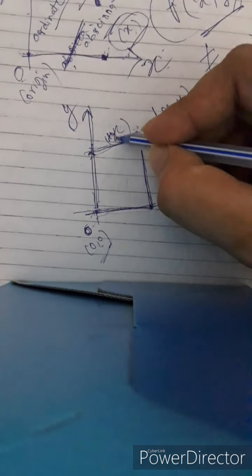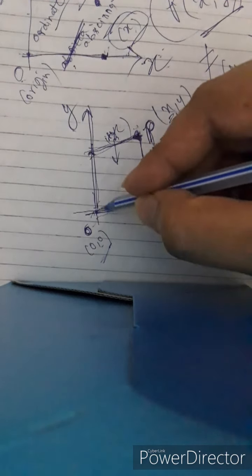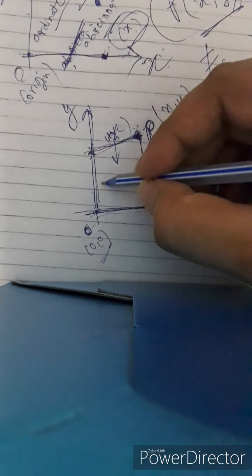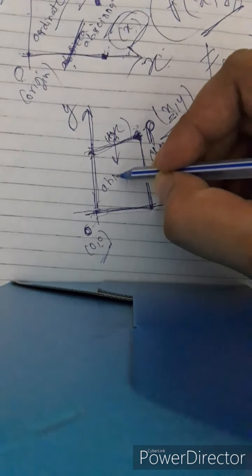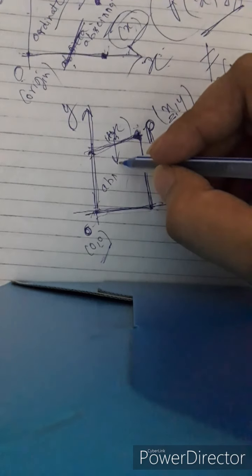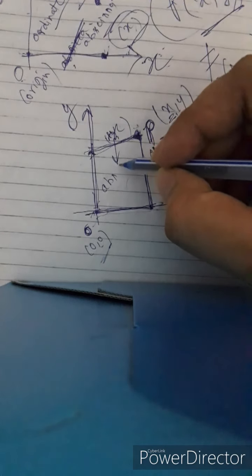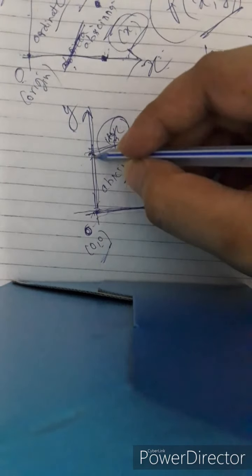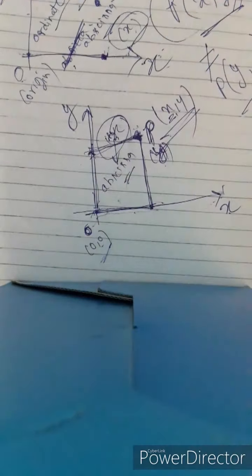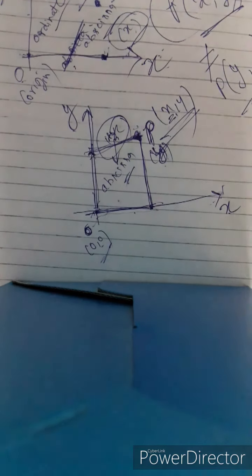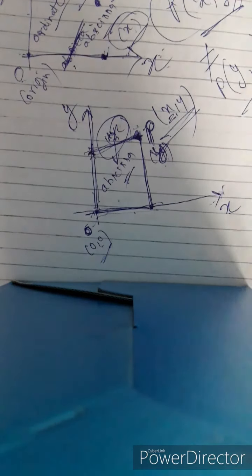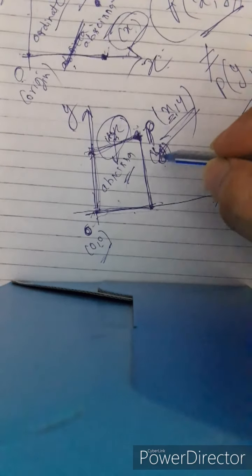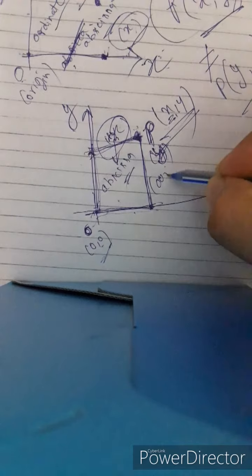Now remember, this distance which we measure on the x-axis from the y-axis is known as abscissa. A-B-S-C-I-S-S-A, abscissa. This distance which we measure on the x-axis with respect to the y-axis is known as abscissa, and this distance which we measure on the y-axis with respect to the x-axis, which is y, is known as the ordinate.